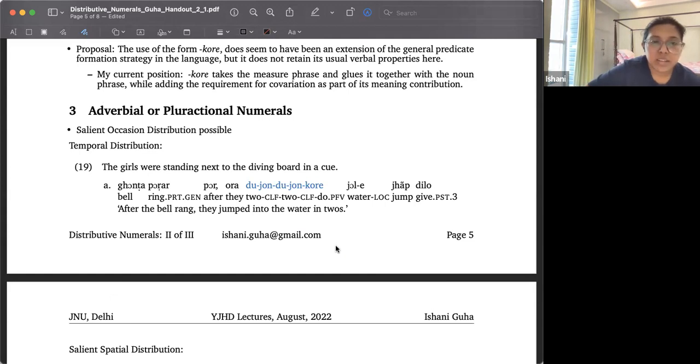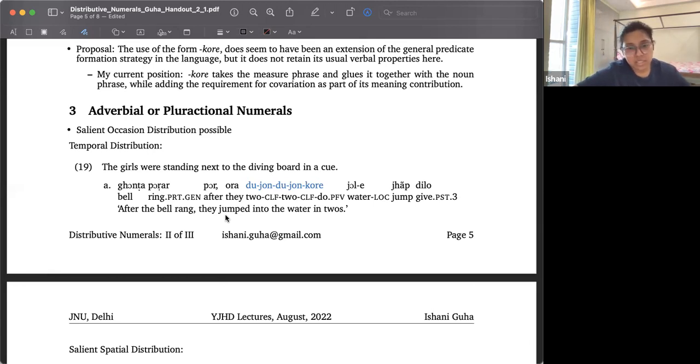So in 19 we have: right after the bell rang, they jumped into the water in twos, ঘন্টা পড়ার পর ওরা দুজন দুজন করে জলে ঝাঁপ দিল. So this দুজন দুজন করে is the adverbial form.